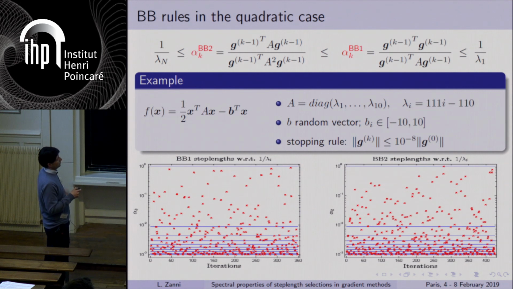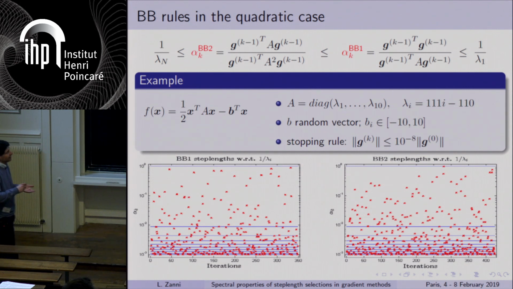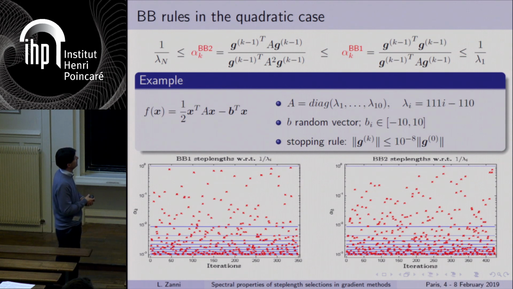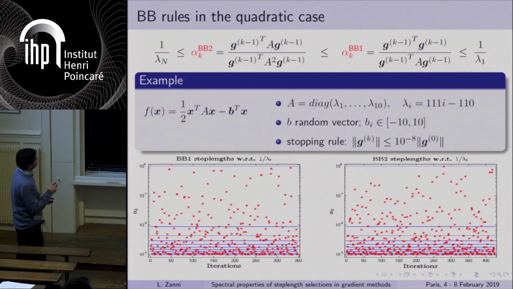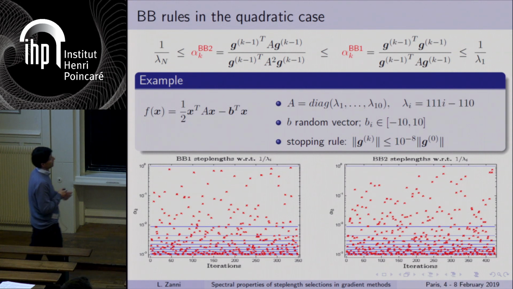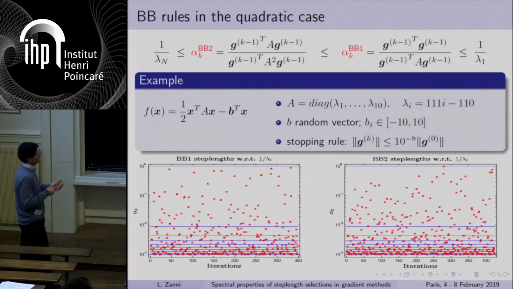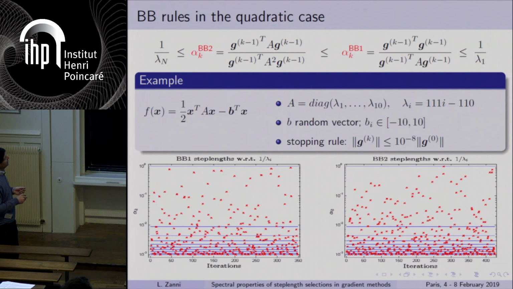Both rules provide values within the spectrum of the inverse of the Hessian matrix, and in particular the second rule at each iteration provides a value that is lower than the value produced by the first rule. Here I have reported the behavior of the step length during an iterative process with respect to the inverse of the eigenvalues, denoted by these blue lines.